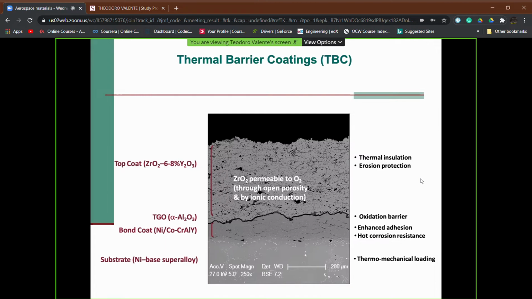So they are very performing in terms of thermal insulation. This is the main role of the ceramic top coat, that is to act as a thermal barrier, establishing a temperature gradient between the combustion gases and the nickel-based superalloys.